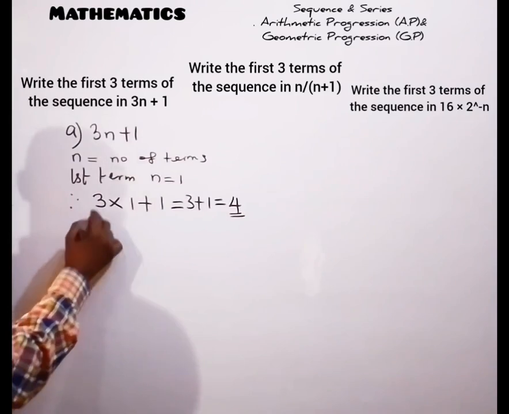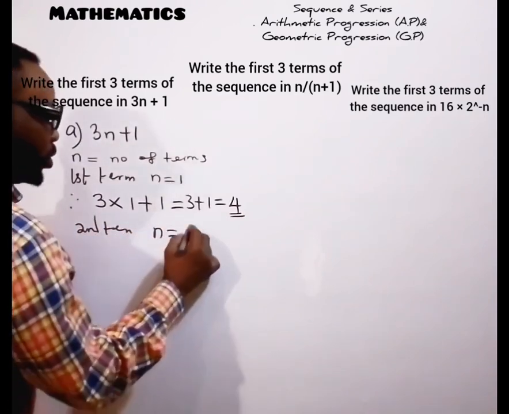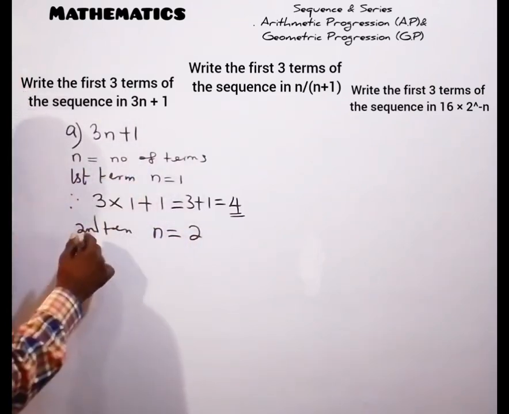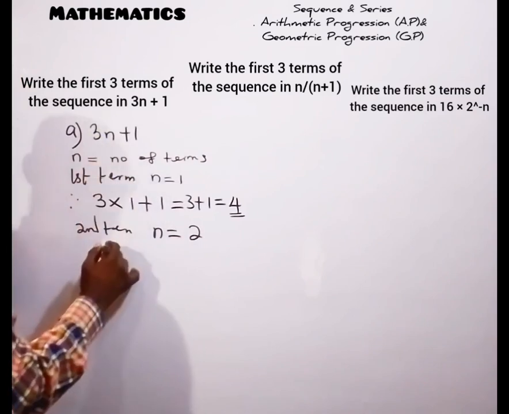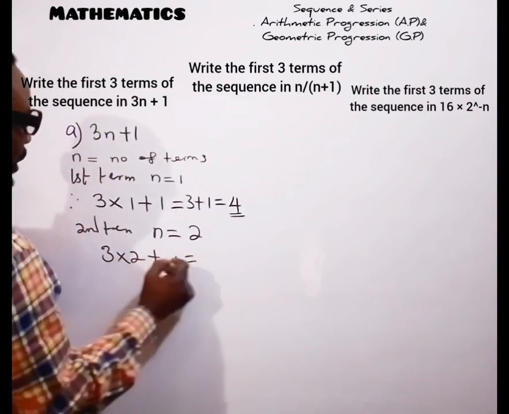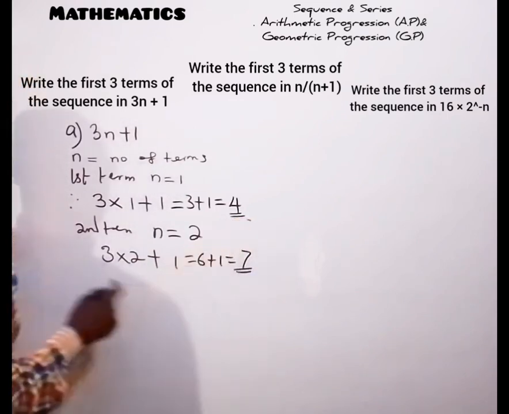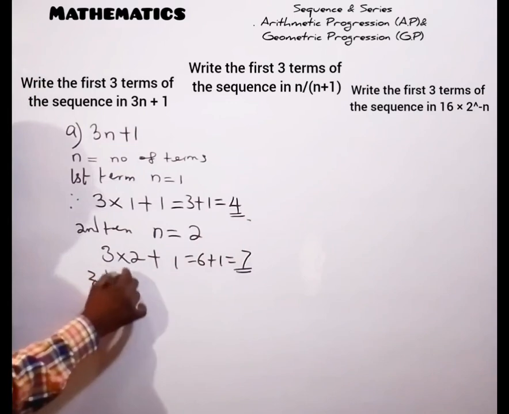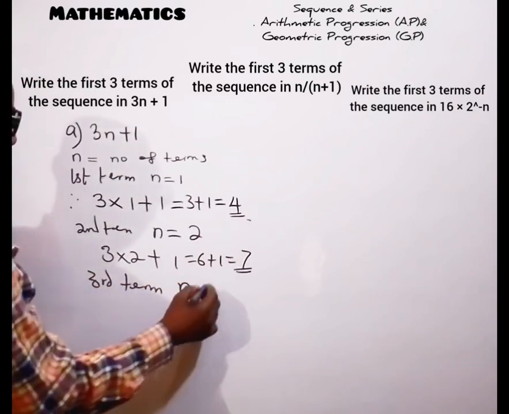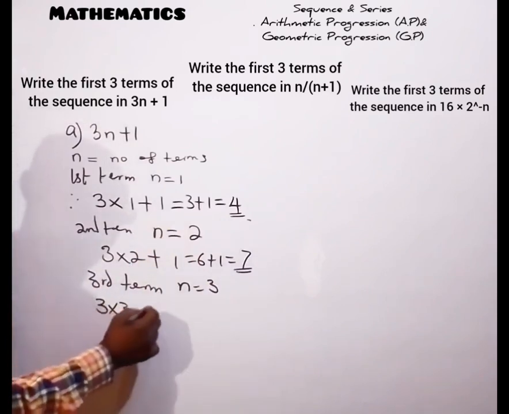For the second term, n will be equal to 2. So for the second term, this sequence will be 3 multiplied by 2 plus 1, which is equal to 6 plus 1, which is equal to 7. The third term, where n will be equal to 3, is equal to 3 multiplied by 3 plus 1.